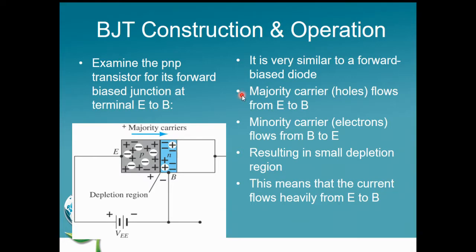The majority carrier holes flow from E to B, and then the minority carrier electron flows from B to E. It will result in a small depletion region here. As you can see, the black line here, this is the small depletion region. This means that the current flows heavily from E to B.